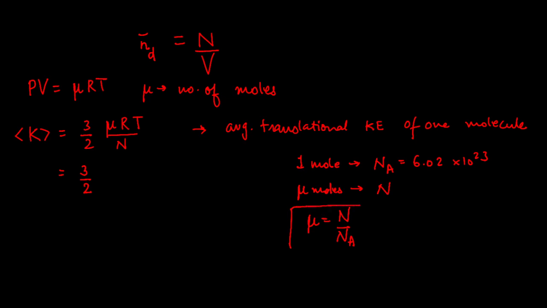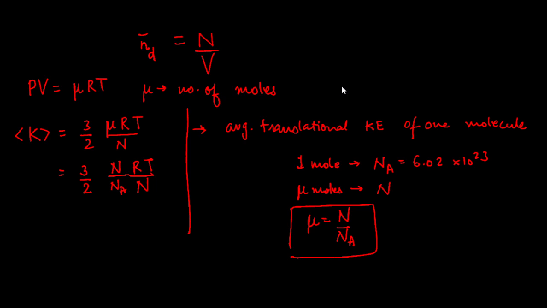Are you aware of this relation to find number of moles? Okay, very good. Please remember it, it's very important. Number of moles is N upon Na. So if I put that here, I put the value of mu into R into T and then divided by capital N. So you see, capital N will get cancelled.